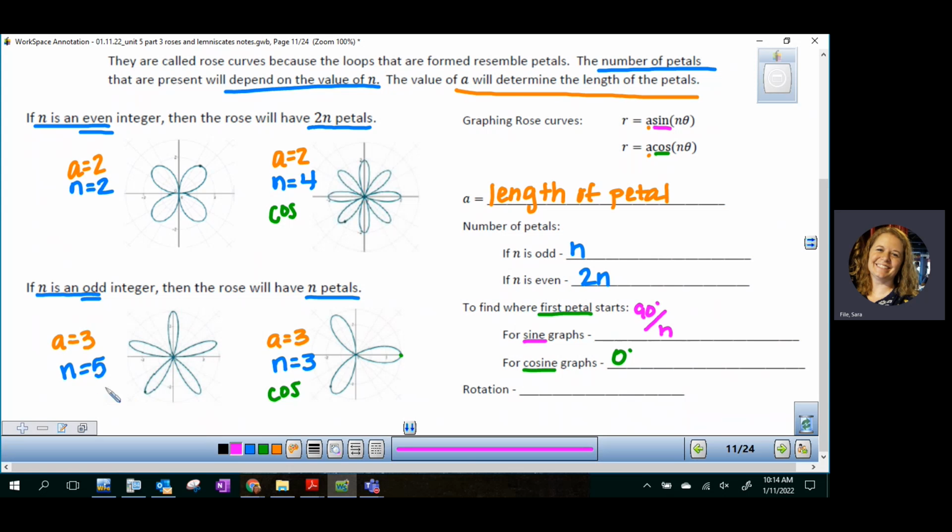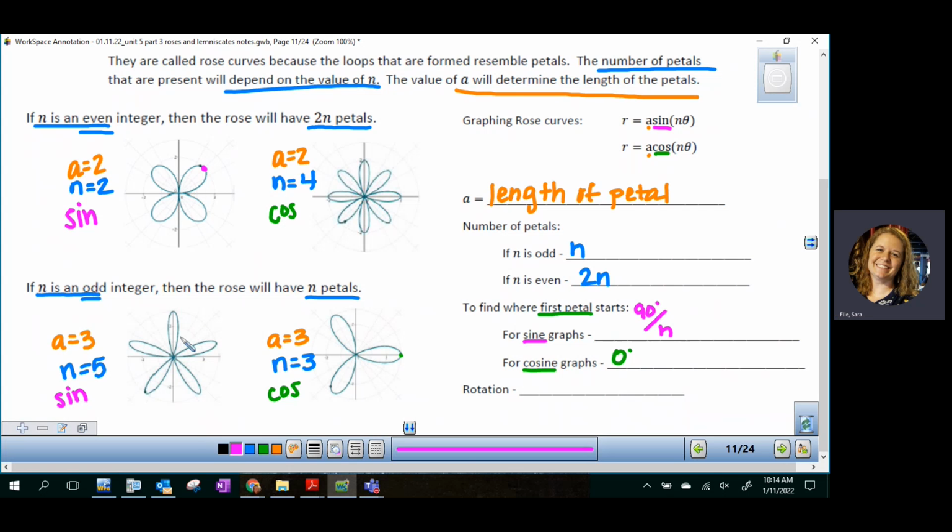So you can see we said these were not cosine, they must be sine. And notice n is 2, right? For this one, what's 90 divided by 2? So that first petal is at 45 degrees.